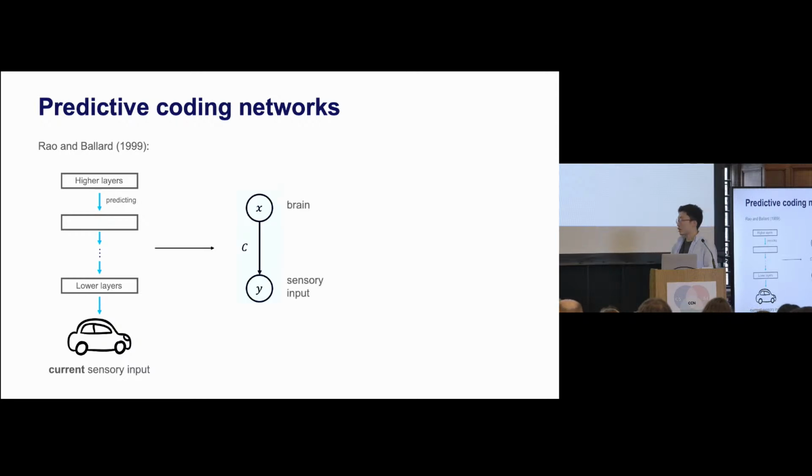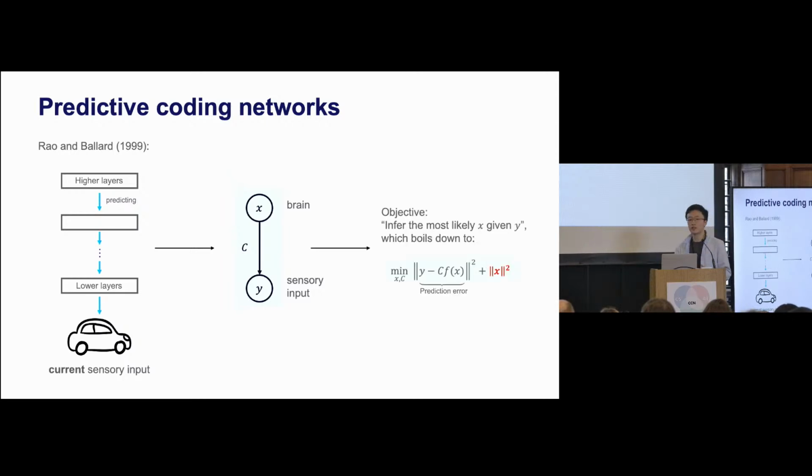So if we abstract out the probabilistic structure of this hierarchical model, we can think of it as a predictive model where the brain is trying to generate predictions of the current sensory input using a set of parameters C. In this model, the brain activity, which we denote as X, is the latent variable, and Y is the observable.